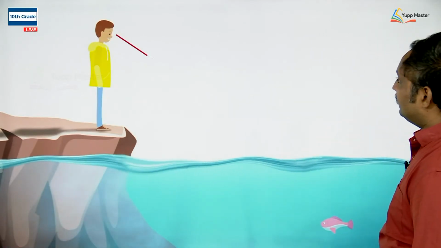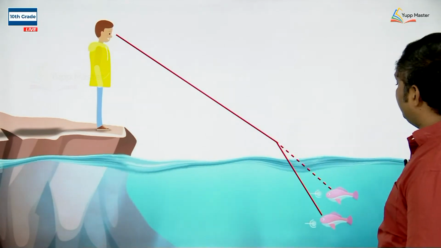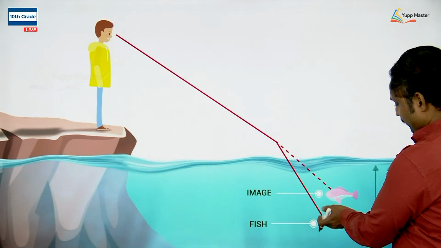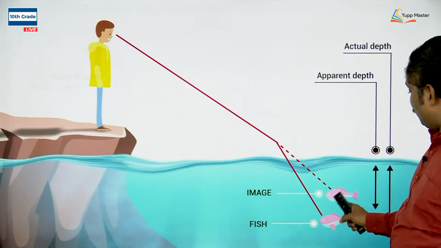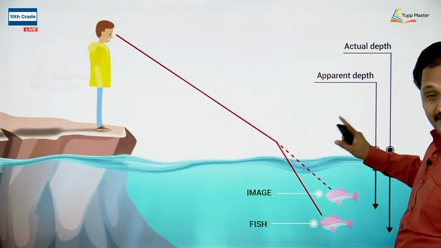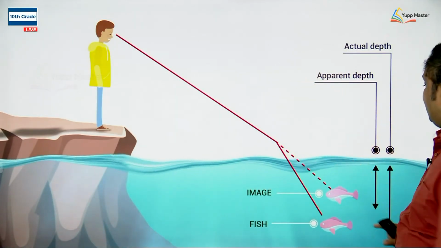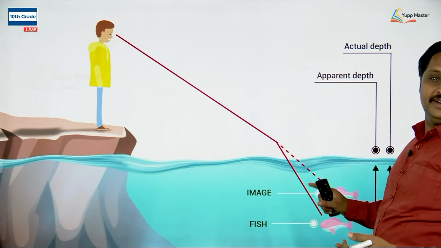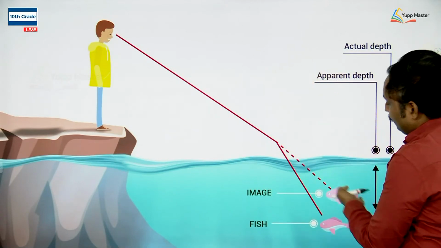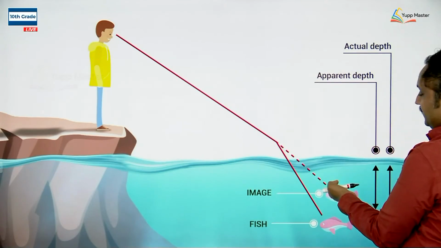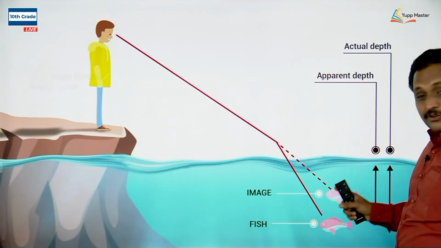Let's see. The boy is going to observe that the fish, whose actual presence is here only, appears elsewhere. What happened is due to the refraction of the light rays. The light rays enter and again emerge from the lower surface, so there is a refraction. The image of the fish is going to be raised. What is the actual presence?